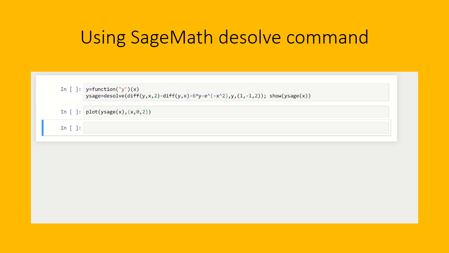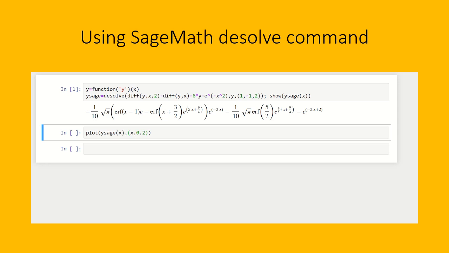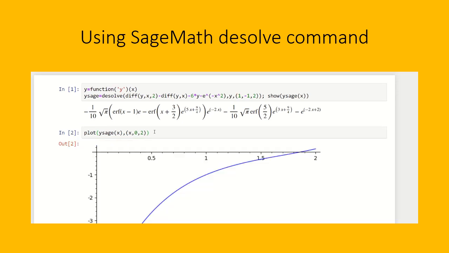Let's do that first. So I'll just come into this cell and type Shift Enter. It'll take a second or two or three or four. So that's what SageMath declares is the solution. And now let's plot y_sage of x, x going from 0 to 2. And so I'll do a Shift Enter on that cell.